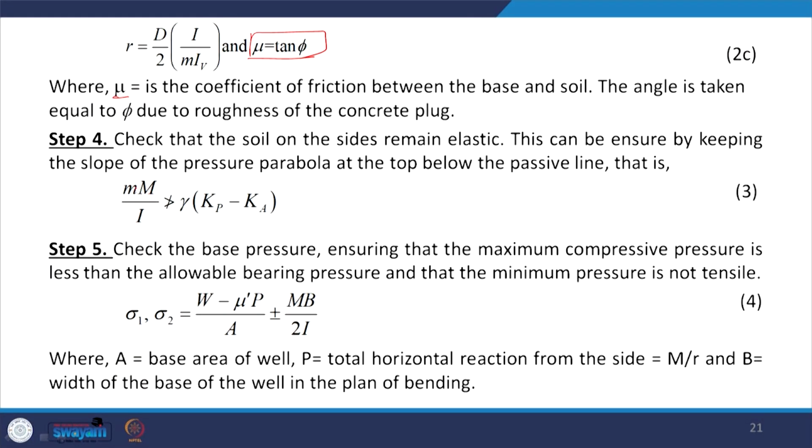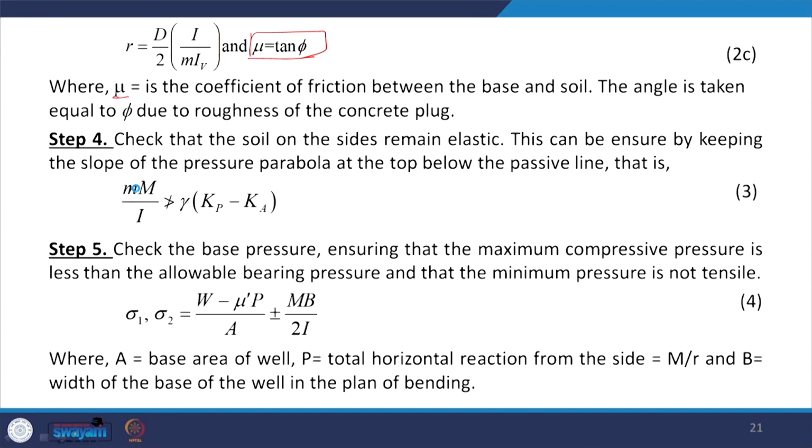Kp is the passive earth pressure coefficient and Ka is the active earth pressure coefficient, the same as we discussed in Terzaghi's theory also. Capital M is the external moment, while small m is a coefficient ratio, which we have already discussed. This is Kh or Kv, which is normally considered to be 1.